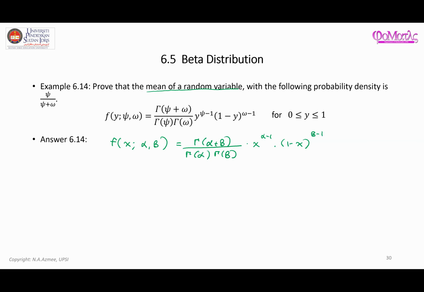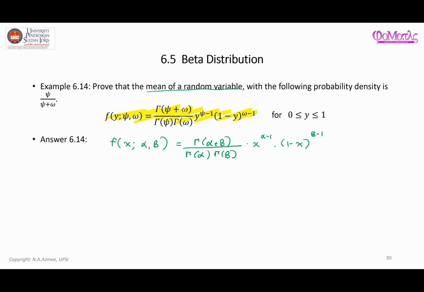Now what I have shown you here is actually similar to what is given in this question right here, except that different alphabets are used. For example, instead of alpha, it is replaced with psi.